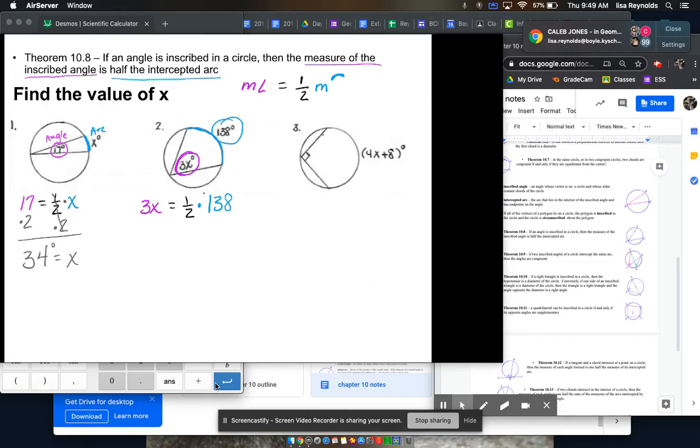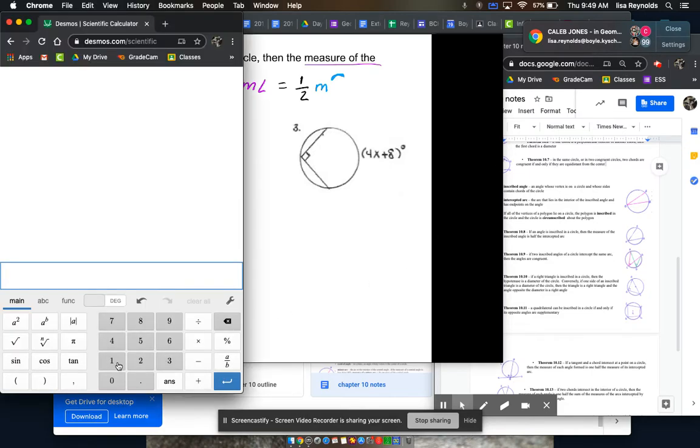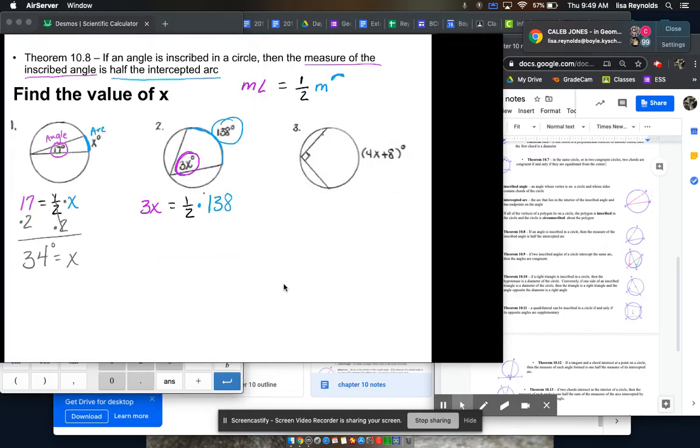So if you need to, we get out a calculator and we have a half, or 0.5, times 138 to get 69 is equal to 3x. And when we divide by 3, our x is going to be 23 degrees.